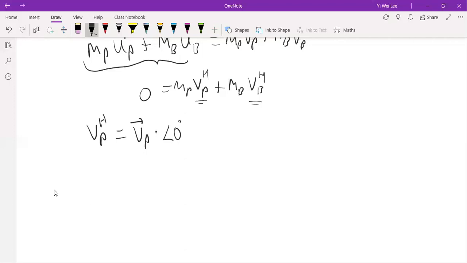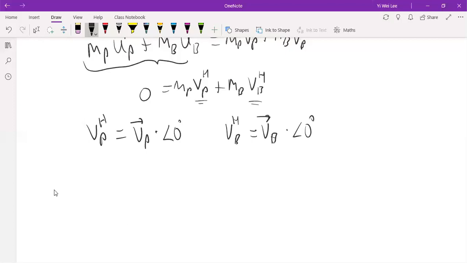At this moment, most of you should know how to do dot product. But the main problem is how to find Vp in the first place. We'll do that later. Vbh, the velocity of B in the horizontal direction, just equals the velocity of B dot product with the 0 degrees direction.